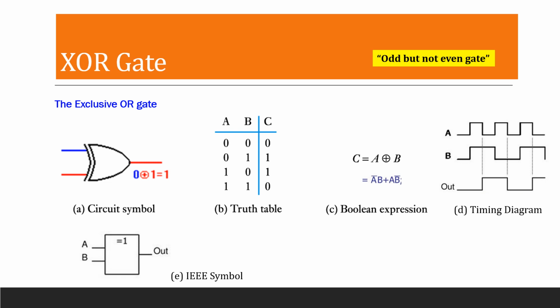So the 0 1 combination can be represented as A bar B and the 1 0 combination can be represented as A into B bar. So if either of these two conditions holds, then the C value is 1. So we can write the Boolean expression as C is equal to A bar B plus A B bar.